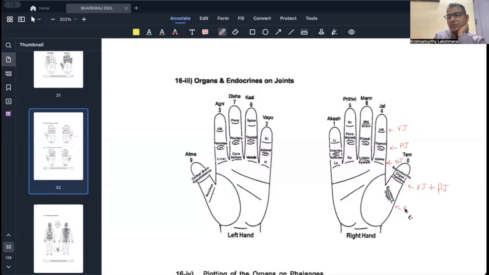Make sense? The bottom joint is the Kaph joint, right?